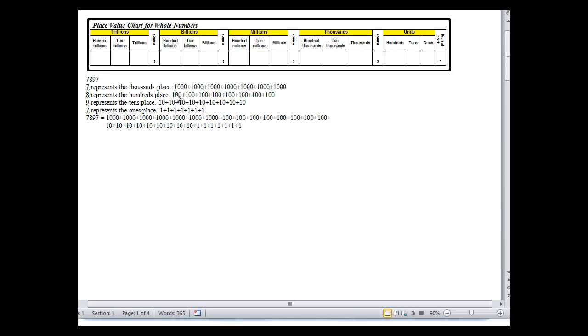We're adding together 8 of these 100s. And then looking at this first 7 here, that falls in the thousands place value. So what that represents is 7 thousands. So you add 7 thousands together. Okay, so if you add all of these up, you come to 7,897.